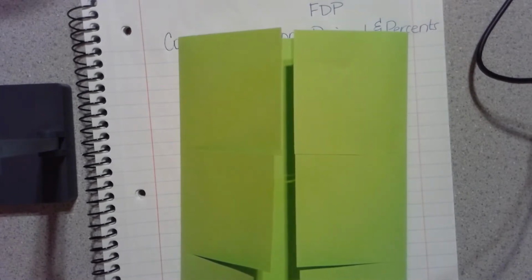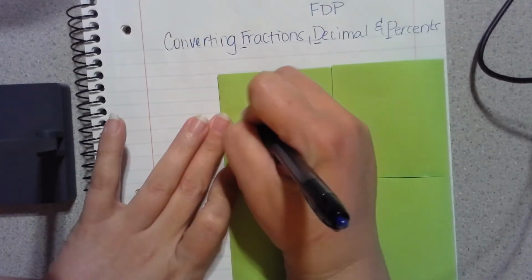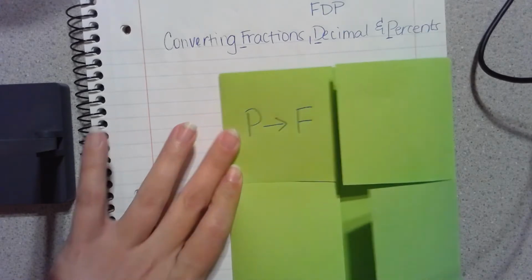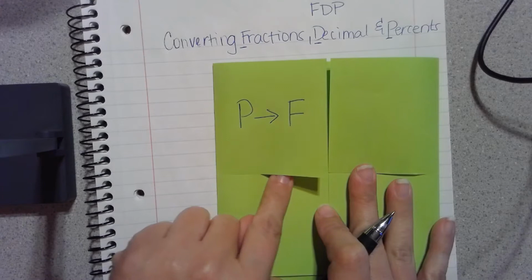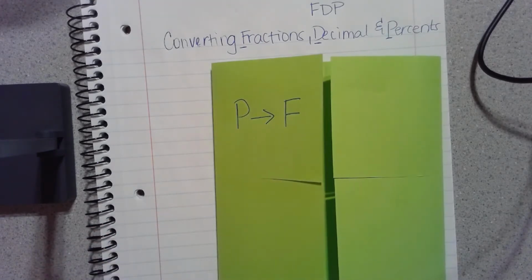Alright, so on my foldable, the first part that I want to create is going to be percents to fractions. So I want a P, an arrow, and an F. So percent to fraction. So in order for you to convert, the word convert means to change or exchange.